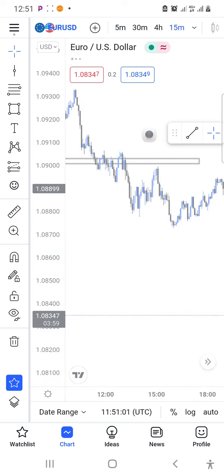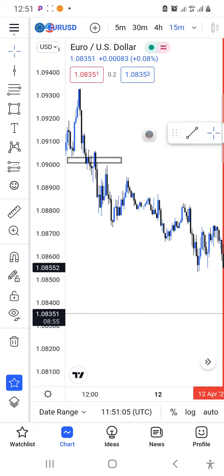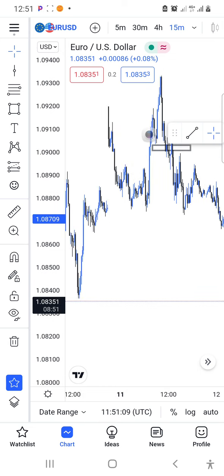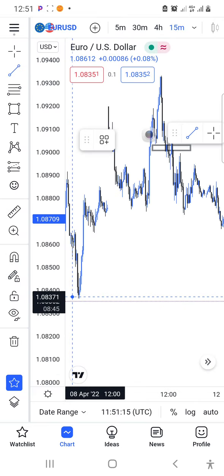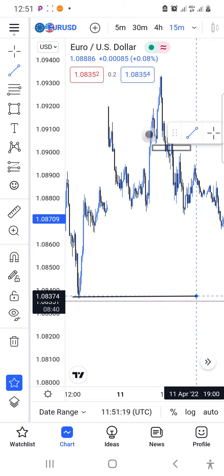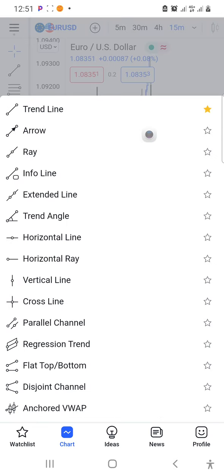Let's say this point here is my first POI, or my first take profit. Let me use the horizontal line, please.